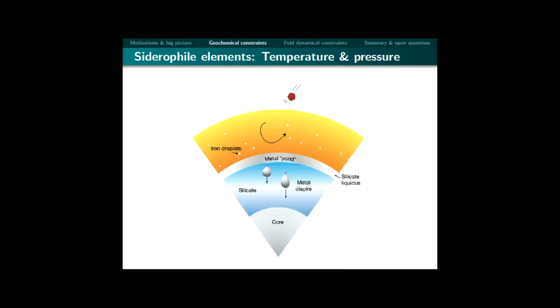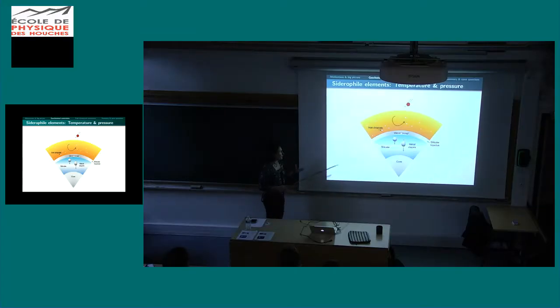The common view that people have in mind about those scenarios is this one, where the Earth is formed from different impactors that bring some metal and silicates to the Earth. The metal goes into the magma ocean and forms droplets that sediment in the magma ocean and form a metal pond at the bottom of the magma ocean.